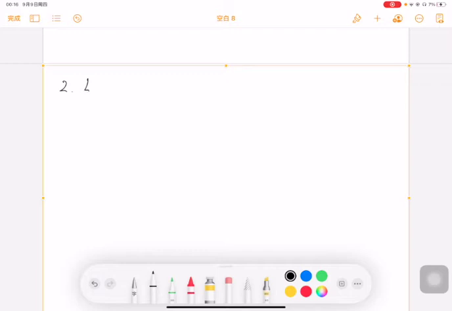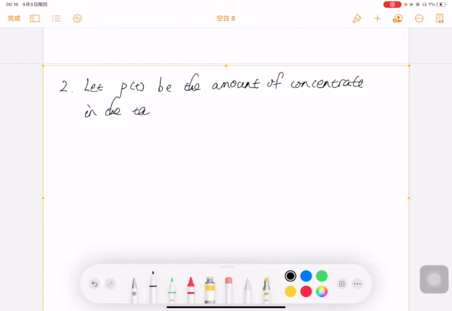So first, let's define something called P. Let P of t be the amount of concentrate in the tank at time t.